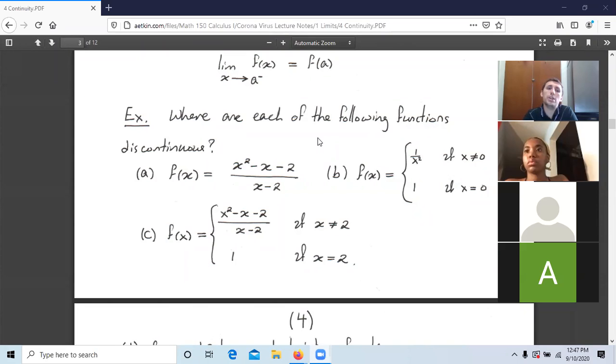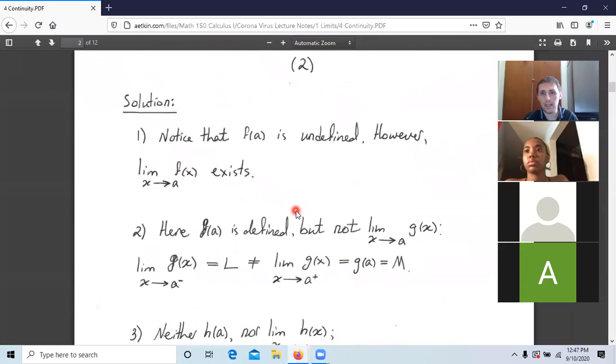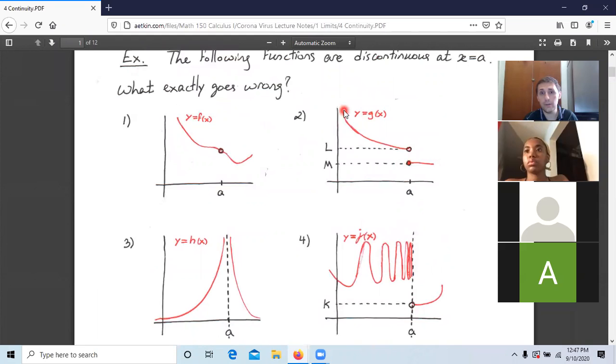Remember, guys, that when you check for continuity, it's not enough to know that the function is defined everywhere. What you have to have is this situation, right? So defined everywhere means that there is a point here, okay? There are examples I think I gave where it was defined everywhere, like here. It is defined everywhere. Do you see that?